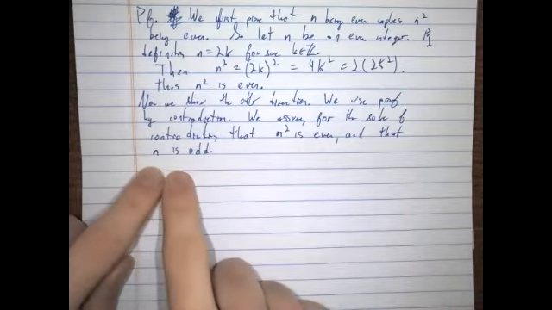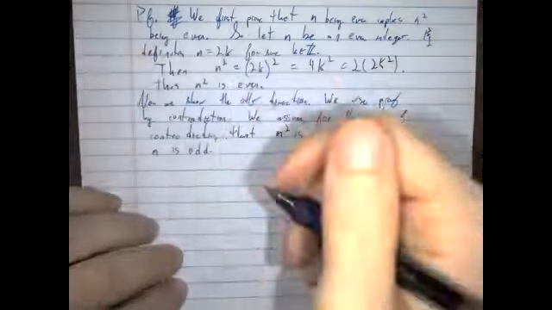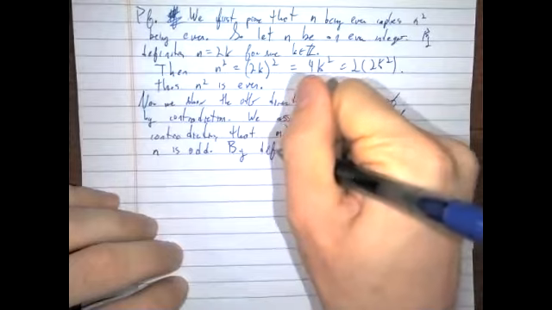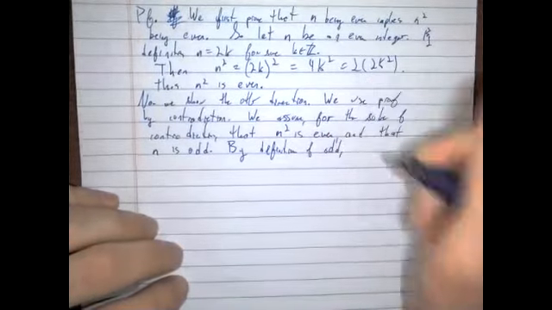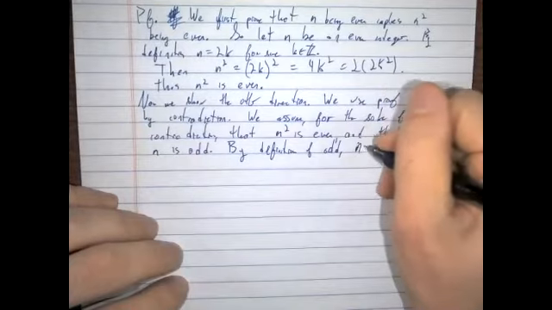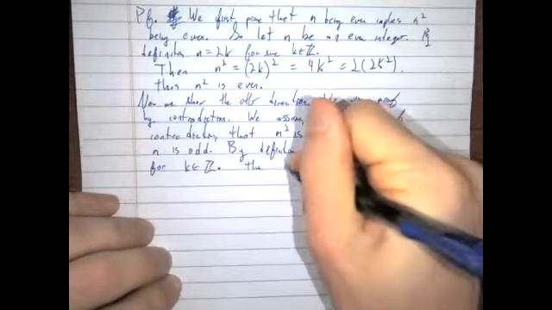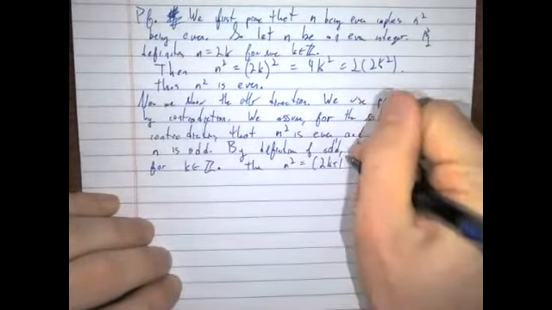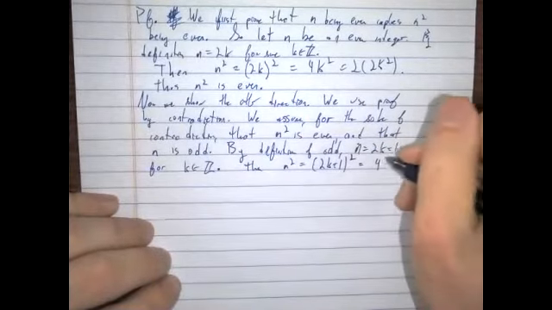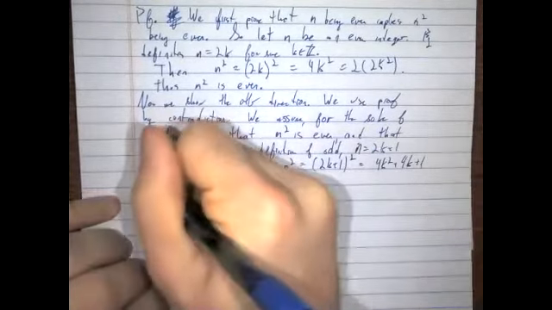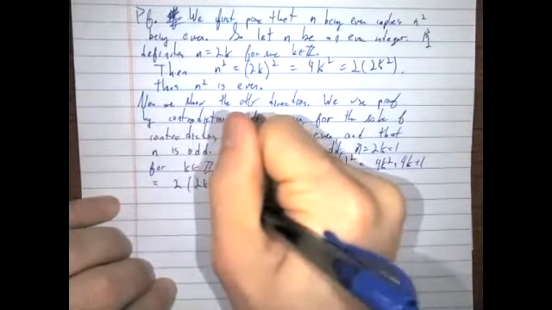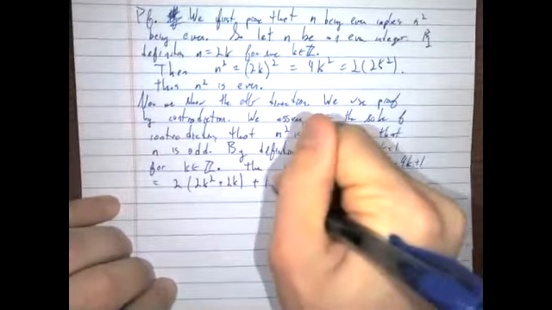Okay. So what can we do with the fact that n is odd? Right. By definition of odd, n is equal to 2k plus 1 for k in Z. Then n squared is equal to 2k plus 1 squared, which is equal to 4k squared plus 4k plus 1, which is equal to 2 times 2k squared plus 2k plus 1.